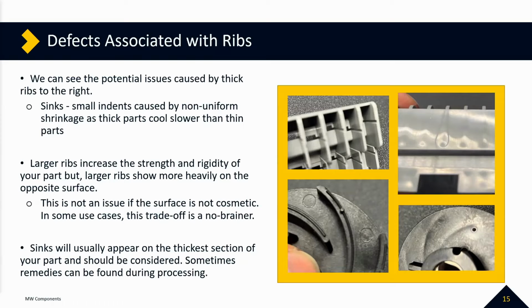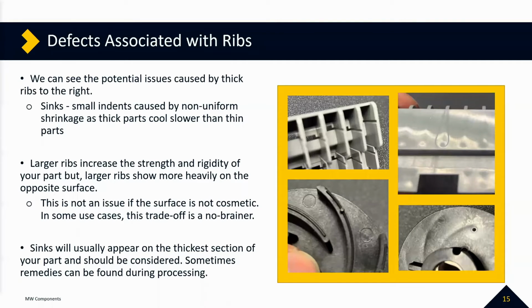You can see along the back end of this part where we have these thick ribs meeting the wall that there are little indents, especially at the base. It's difficult because anywhere you don't see plastic, there necessarily has to be steel.